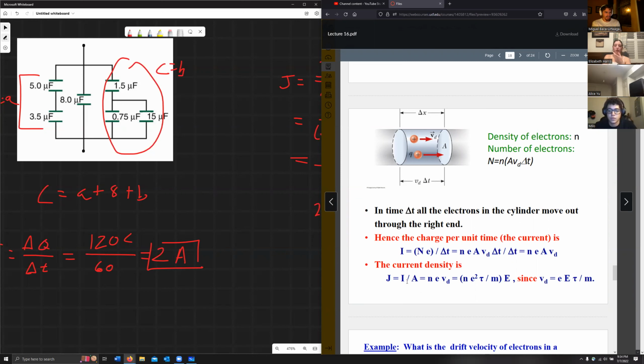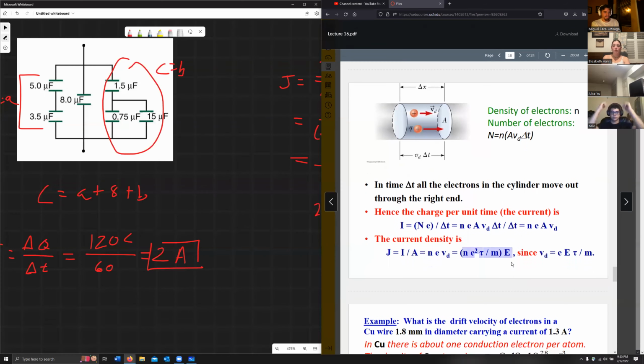In this case, you have I over A, which is the density of electrons times the electron charge times the average drift velocity, which, as we talked about, is e times the average time of an electron collision divided by mass, times the electric field.